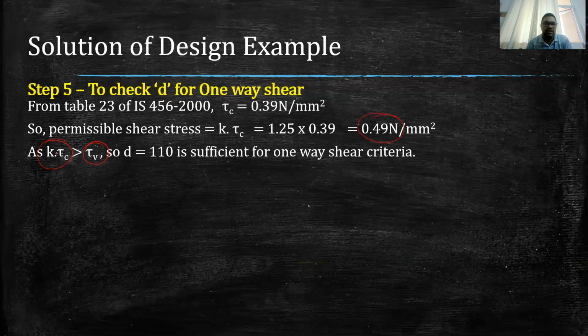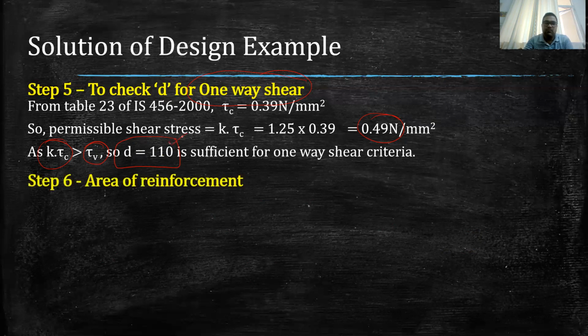So therefore K into tau C is greater than tau V, which means the condition is satisfied, and therefore we can say that the depth which we have calculated in the previous step, which is for the bending moment consideration, will be sufficient for one-way shear criteria also. So it means this depth can resist one-way shear effect and it can resist bending moment effect also. So the depth is sufficient.